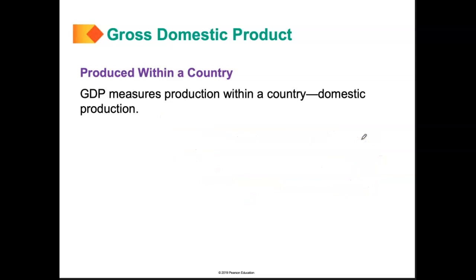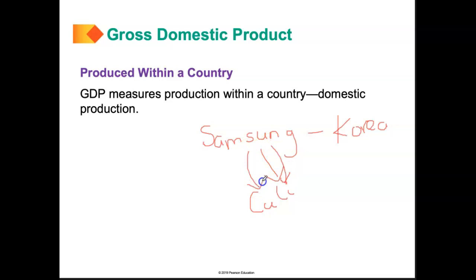Okay, let's take, for example, Samsung. So Samsung is basically a Korean phone. Let's say Samsung was made in Silicon Valley, California. Since Samsung is actually made in the United States, it's included in US GDP, and not in Korea's GDP.